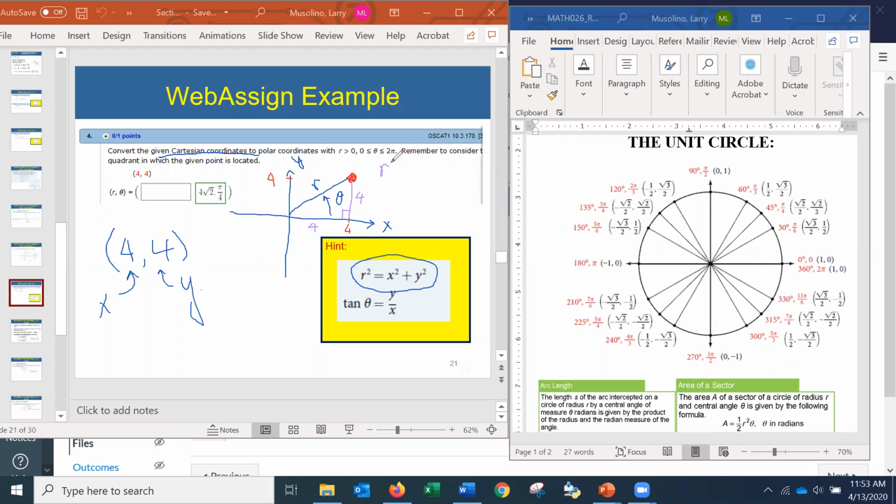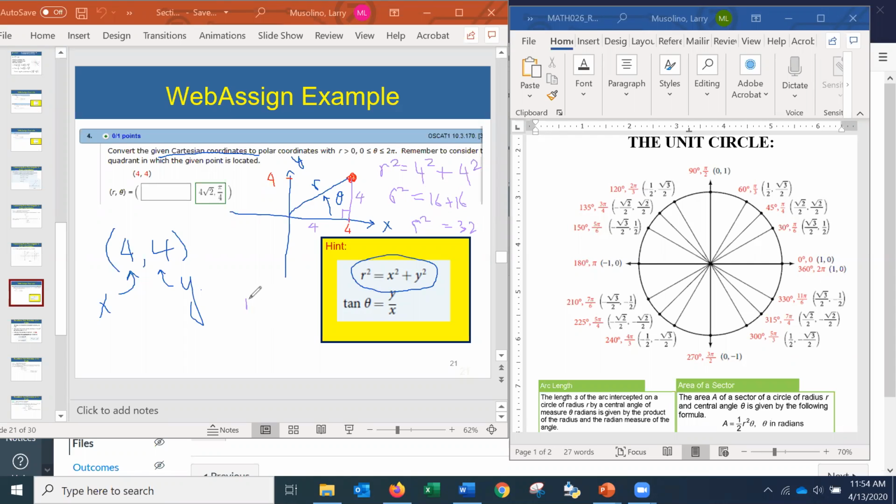So r squared is x squared plus y squared, but that's going to be 4 squared plus 4 squared. 4 squared is 16, so that means r squared is 16 plus 16, 32. And of course, I want to figure out r. So let me take the square root of both sides.